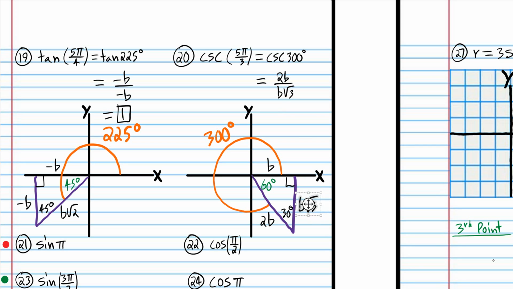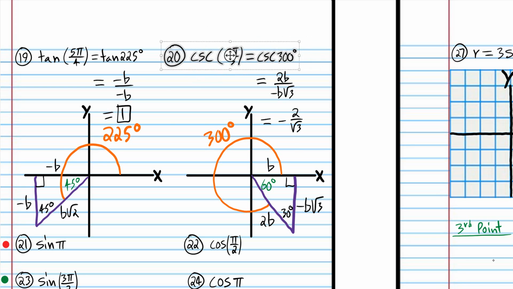See how easy it is to forget the signs? That should be a negative number, you see. Very easy to forget that. So we have negative 2 over root 3, but we need to rationalize that denominator. Let me move this over a little bit.